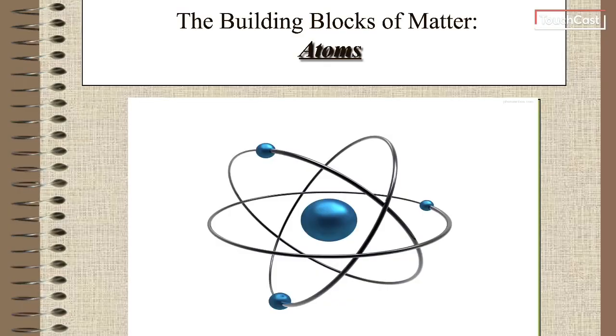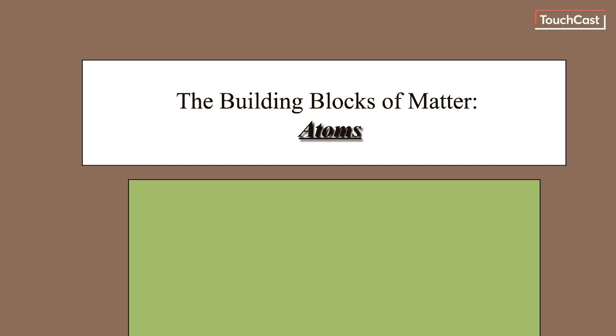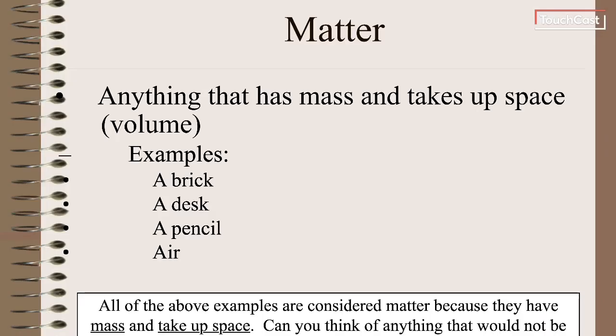All right, ladies and gentlemen, we're going to be quickly talking about the building blocks of matter, which is made up of atoms. You should have a paper, your Cornell notes that looks like this. Sorry, it's sideways, but let's go ahead and get rolling. All right, so first of your essential questions is, what is matter?